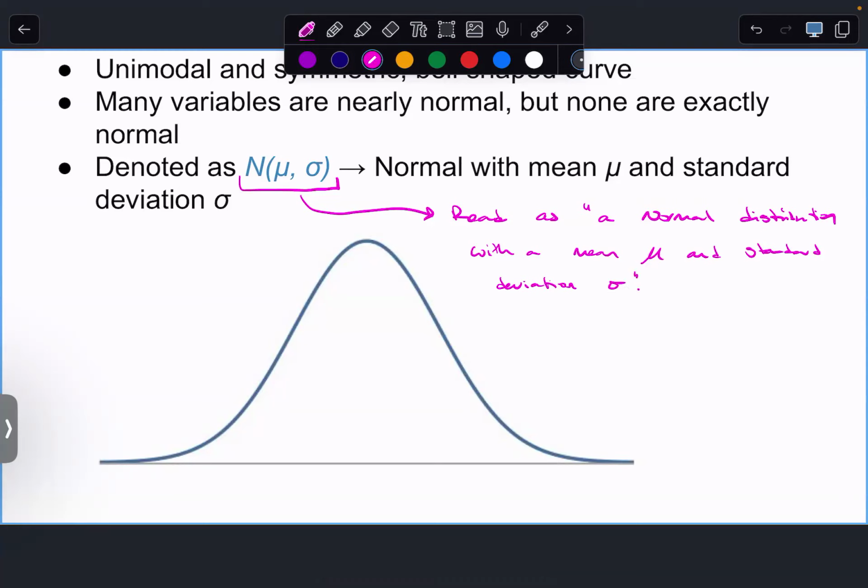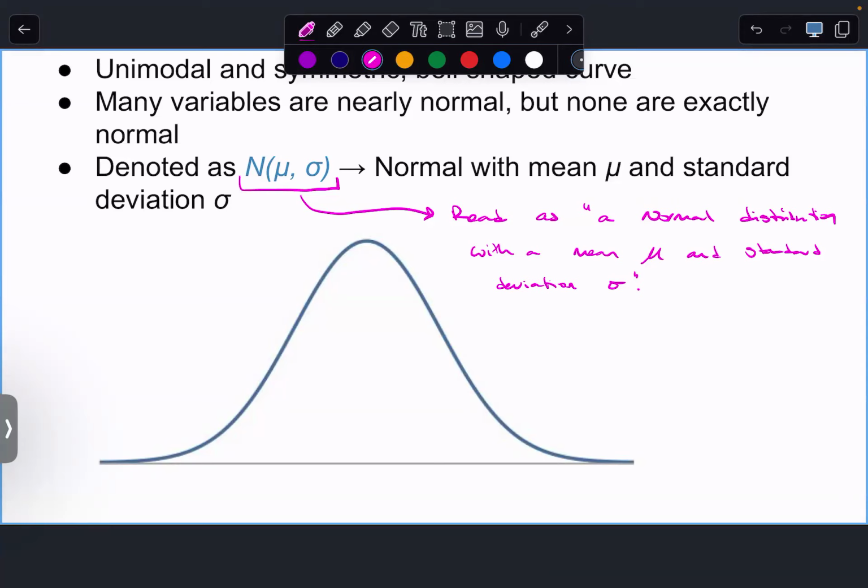So it's really just shorthand for what? We've seen it before. Shape, center, spread. But that's all you need to describe a distribution. I know, right? Cool. So now we've got this shorthand. This is the shape and the center and the spread, right?